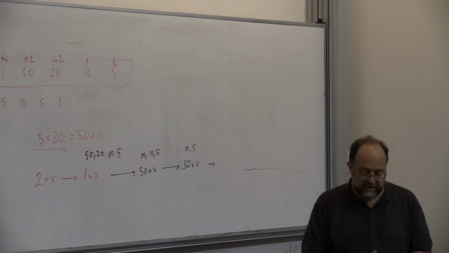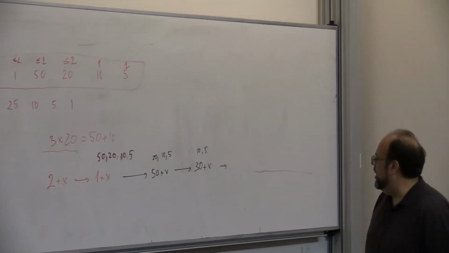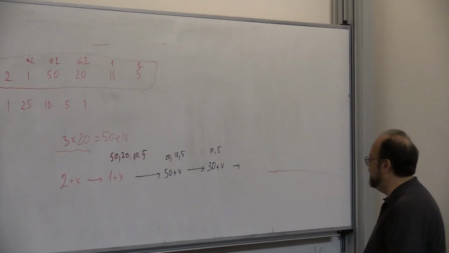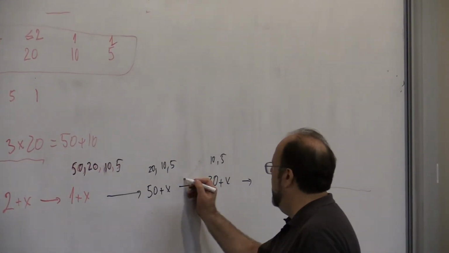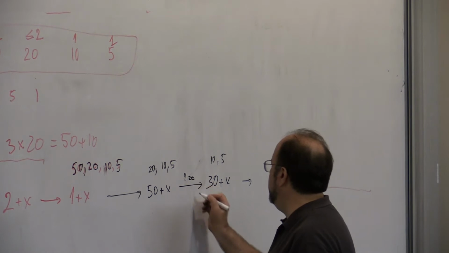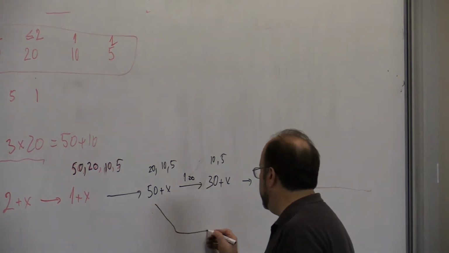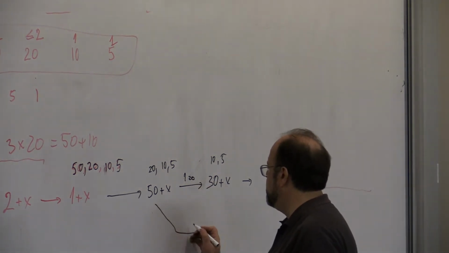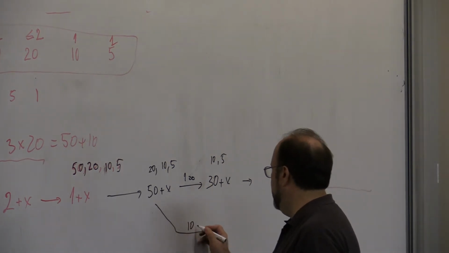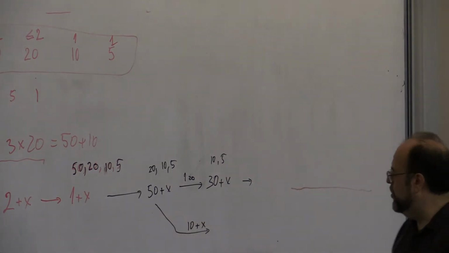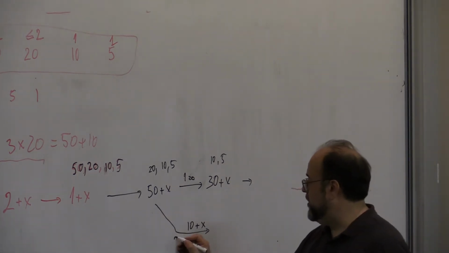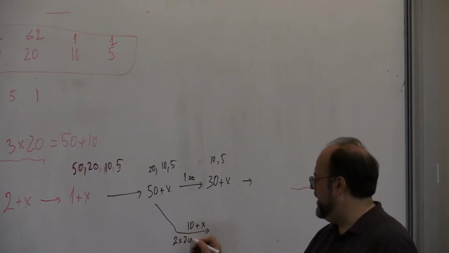Yes, so 220. After 50 plus X, I have the possibility to either use one of 20, or two of them, so it will be 10 plus X if I use two times 20.